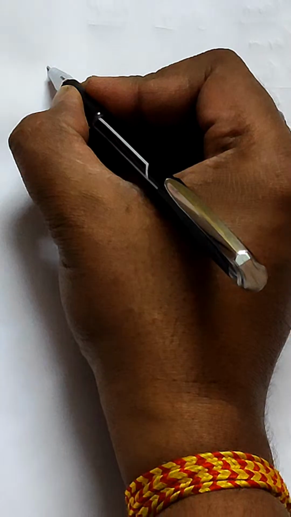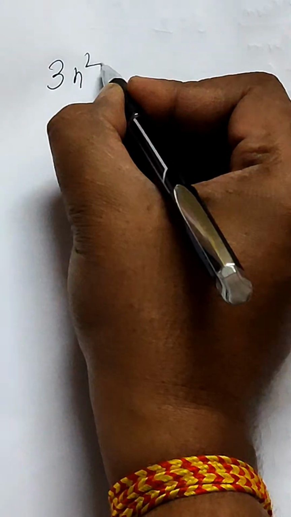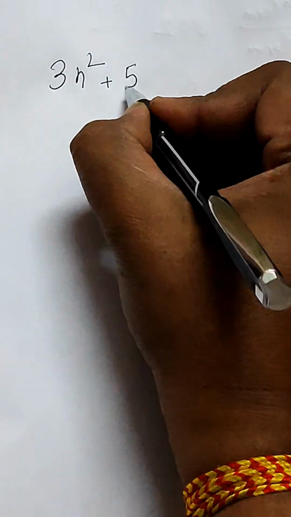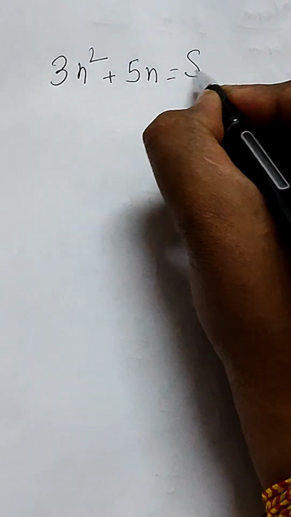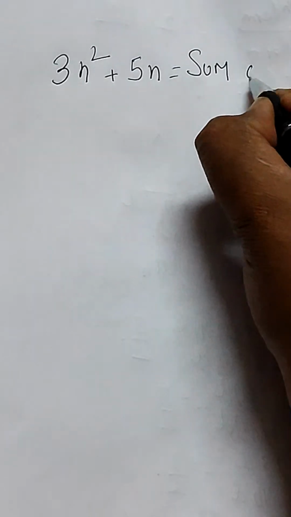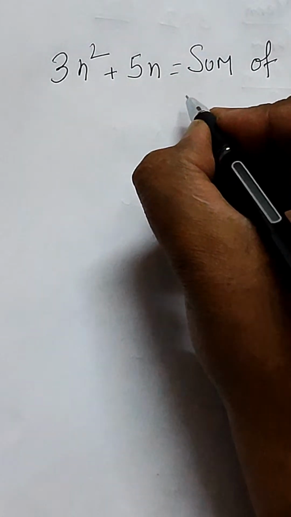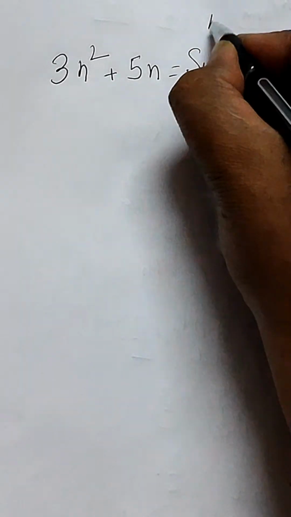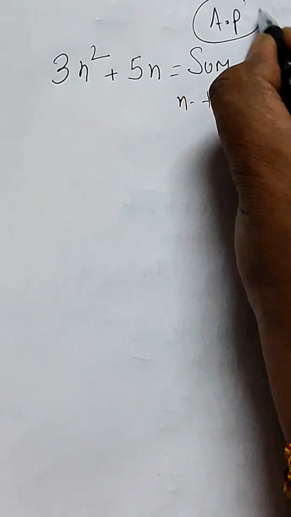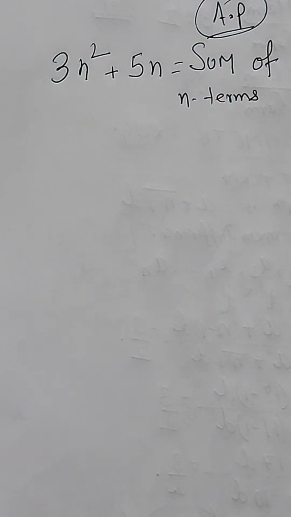So the second question is that the sum of n terms of an AP is 3n square plus 5n. It is given that 3n square plus 5n is the sum of n terms of an AP, an arithmetic progression, right?